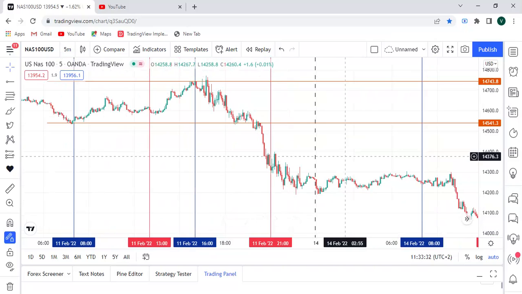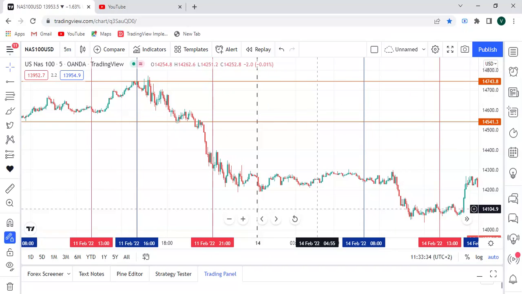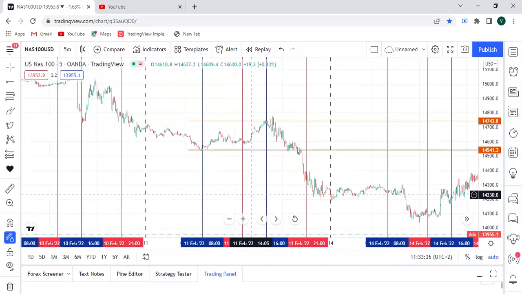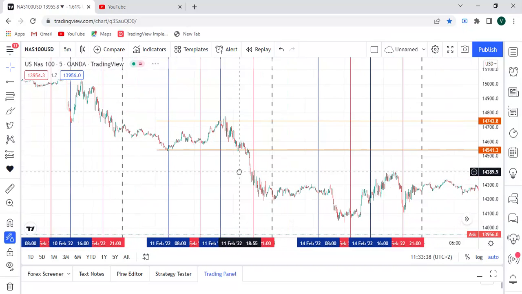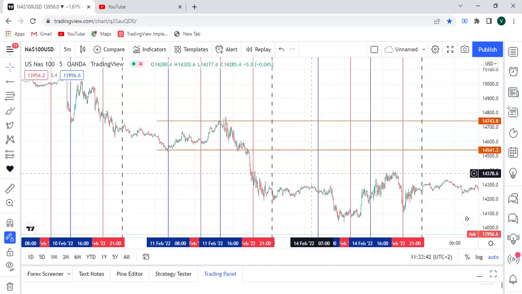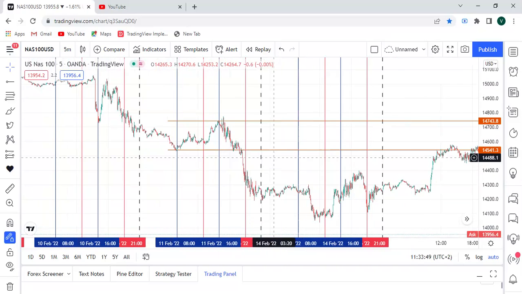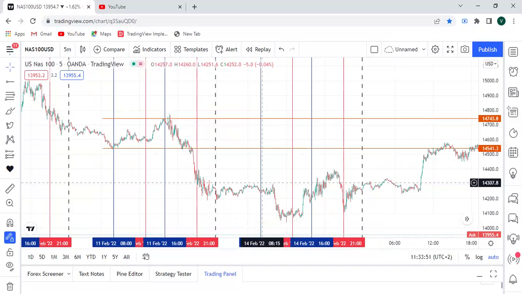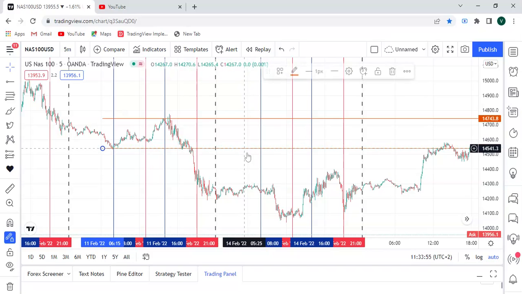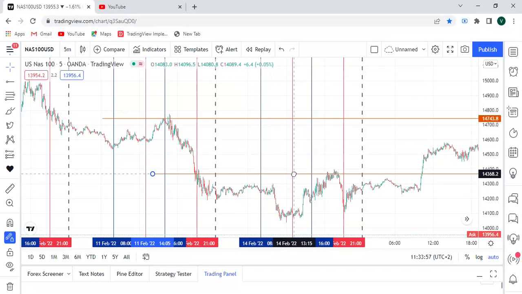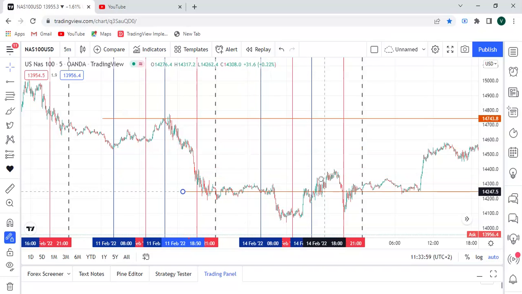If we move forward to the second day, what day is this? We were on the 11th of February, and then this is the 14th. There was a weekend here. This is the 14th. It was Monday, one of the slowest days.